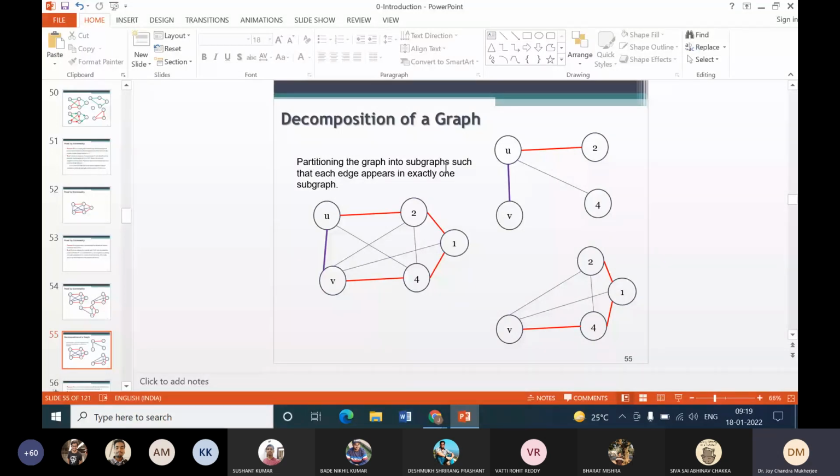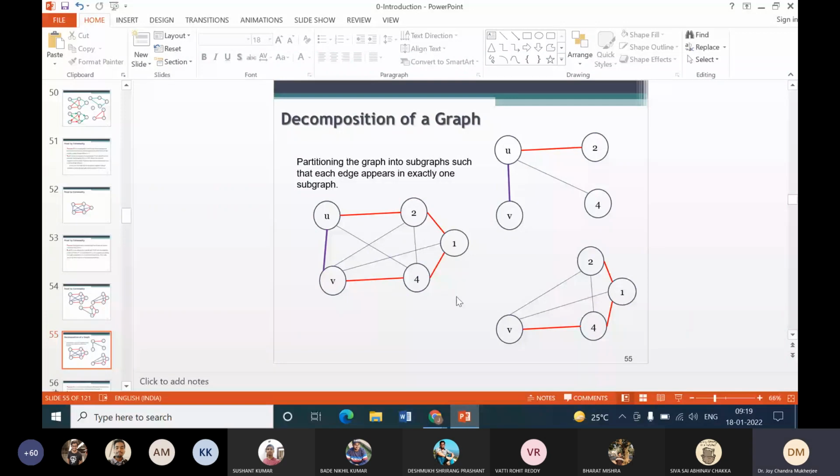Partitioning the graph into subgraphs. So look here, 2 4 V. These vertices are repeated in both the subgraphs, but edges appear only once. U2 appears here, so it cannot appear here. U4 appears here, so it doesn't appear here. So that is how.